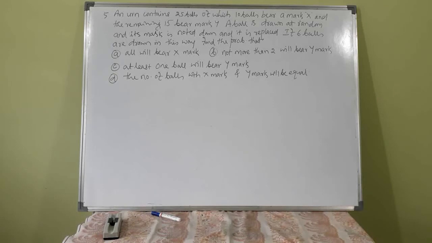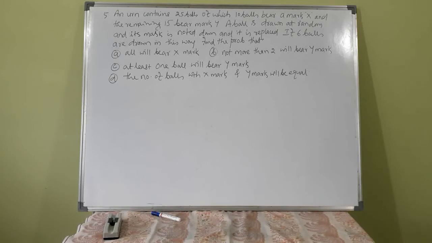The probability of X mark and of Y mark is constant always, that is 15 by 25 or 10 by 25. So this leads to a binomial experiment and hence the binomial distribution.